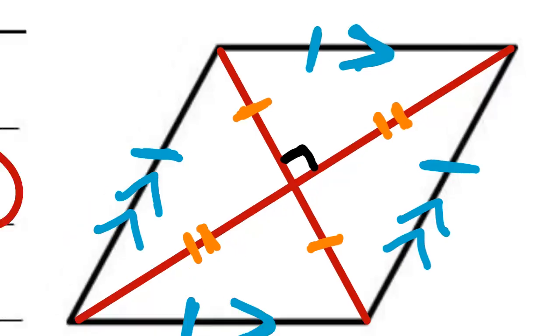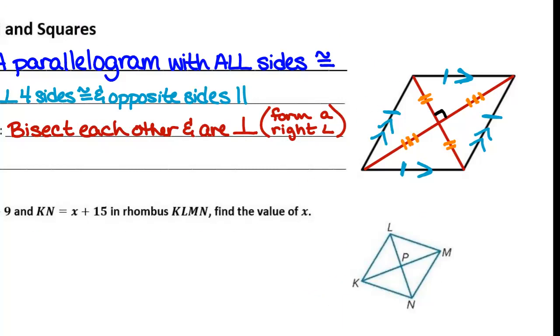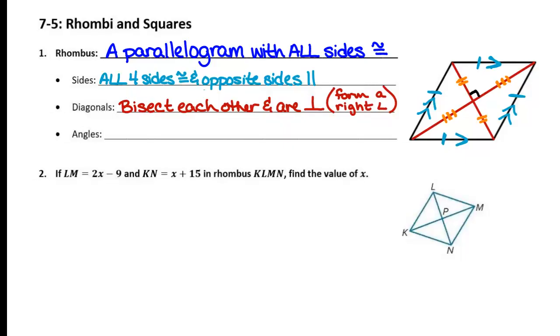I just realized I put the wrong number of markings on my diagonals because I already used a 1 congruence marking. There, let's fix that. All right. And then my angles.